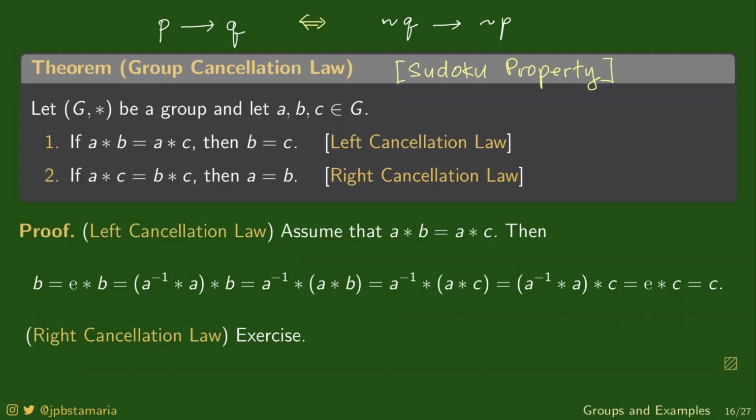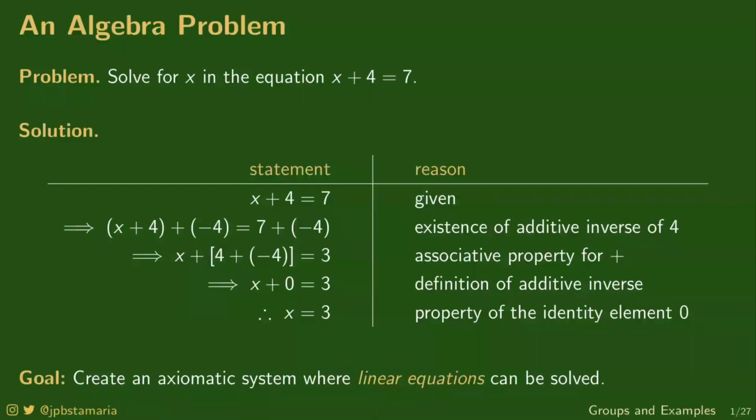The next property will take us back to where we started. Remember, where did we start in our discussion of a group? We started with the problem of solving a linear equation, right?